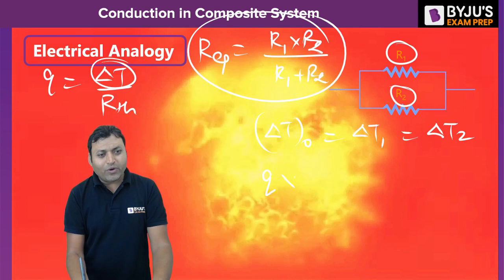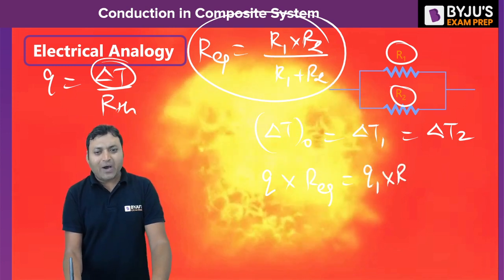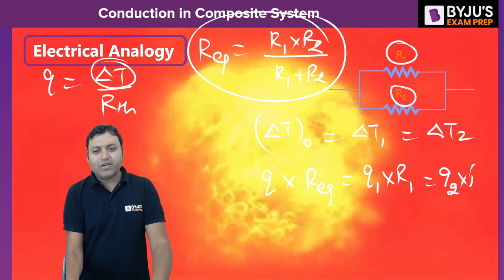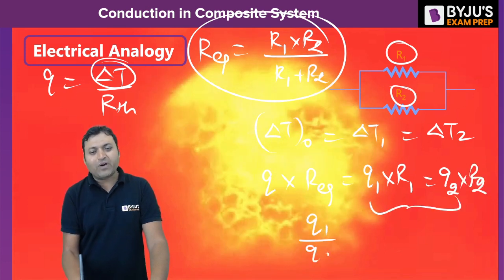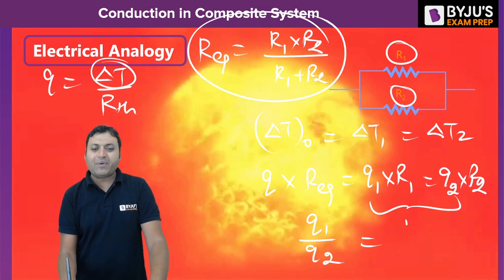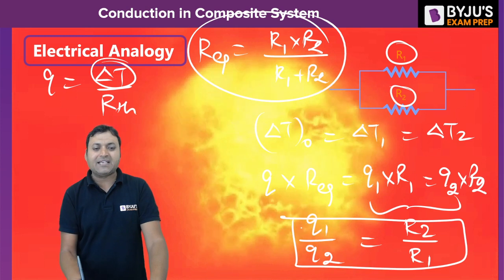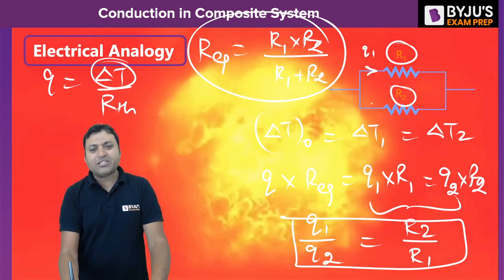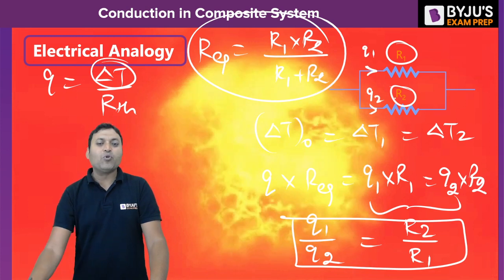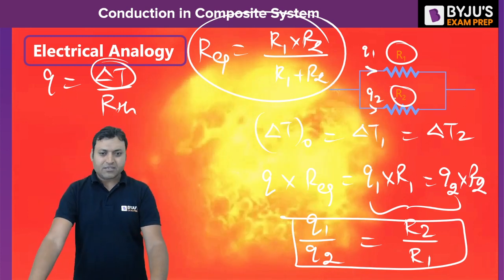That is Q into equivalent resistance, which will be equal to Q1 into R1 is equal to Q2 into R2. We can write it this way, and from here the ratio of Q1 by Q2 can be obtained from the ratio of R2 by R1. That is how the heat flow rate will be distributed across both the materials, across both the thermal resistances.